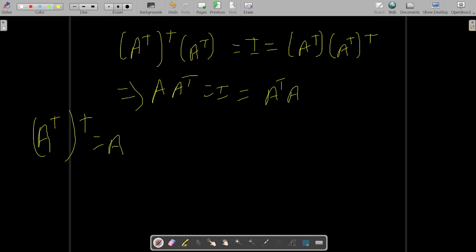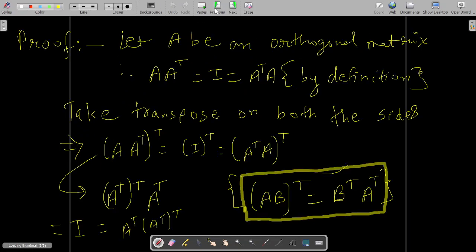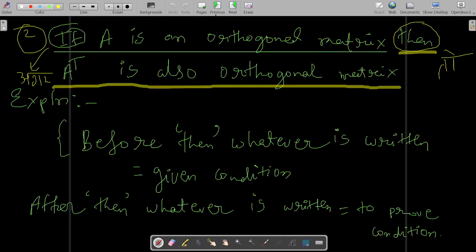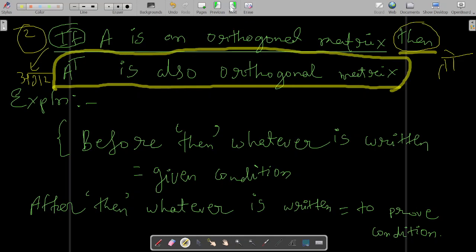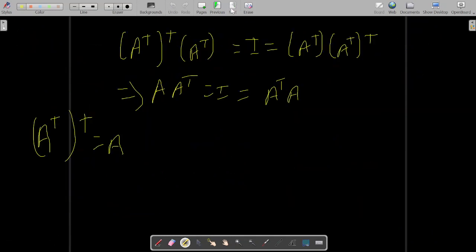Why? Because look at the property. What is to be proved? We have to prove that A transpose is also an orthogonal matrix. So we will only prove up to the statement which we require.